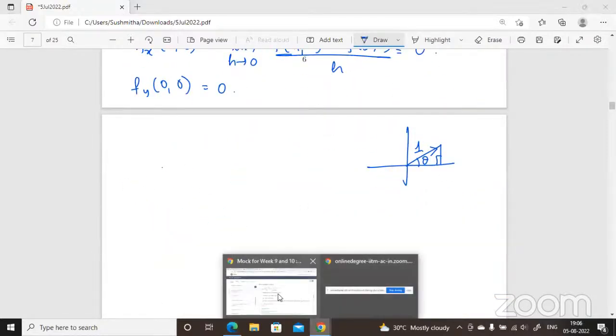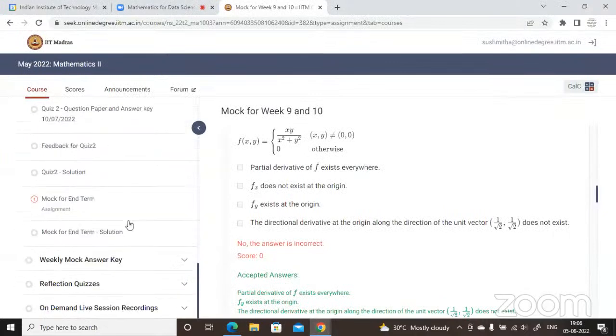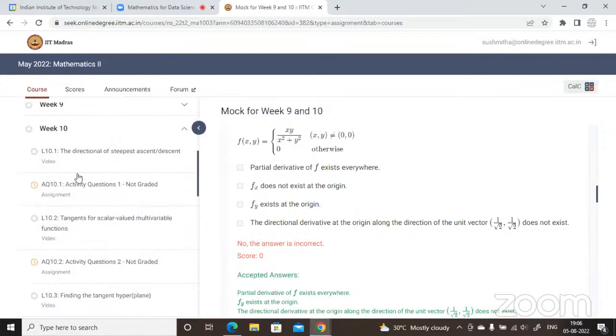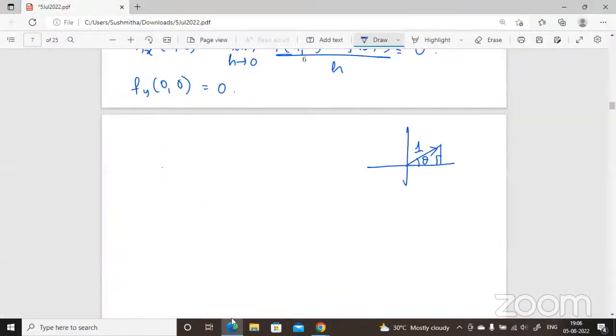I guess we'll proceed to week 10. In week 10, the direction of steepest ascent or descent. What is the direction along which we have the maximum rate of change? Gradient divided by its norm, at that point, along the gradient vector.